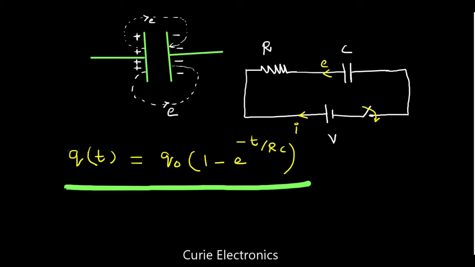Now we will see, while charging the capacitor, what happens to the current, what happens to the voltage, and what about the voltage across the resistor. I will draw some graphs. First, the charge across the capacitor, QC, with respect to time.